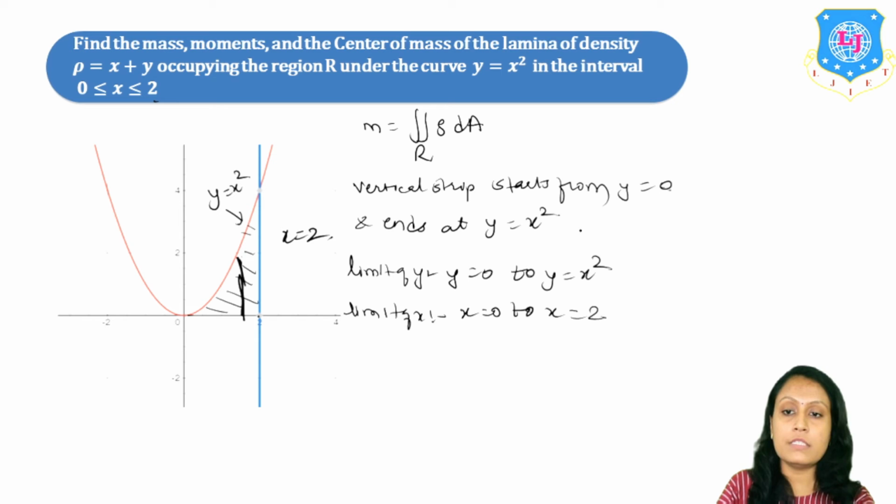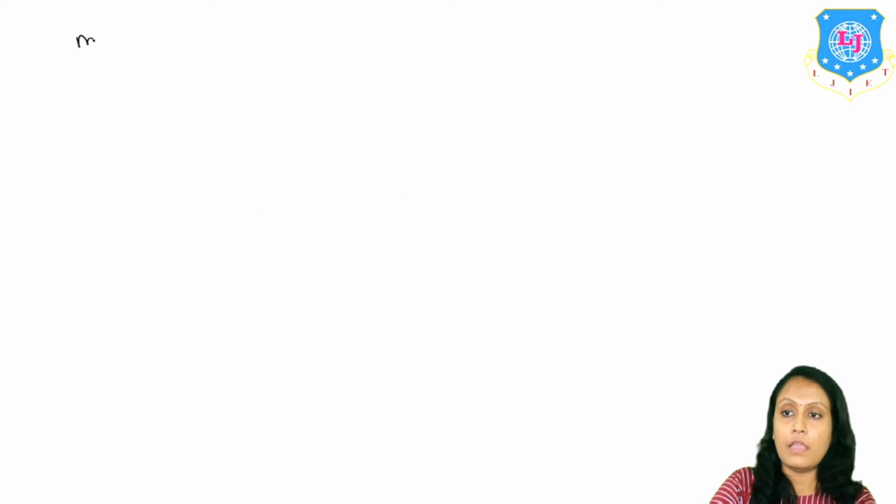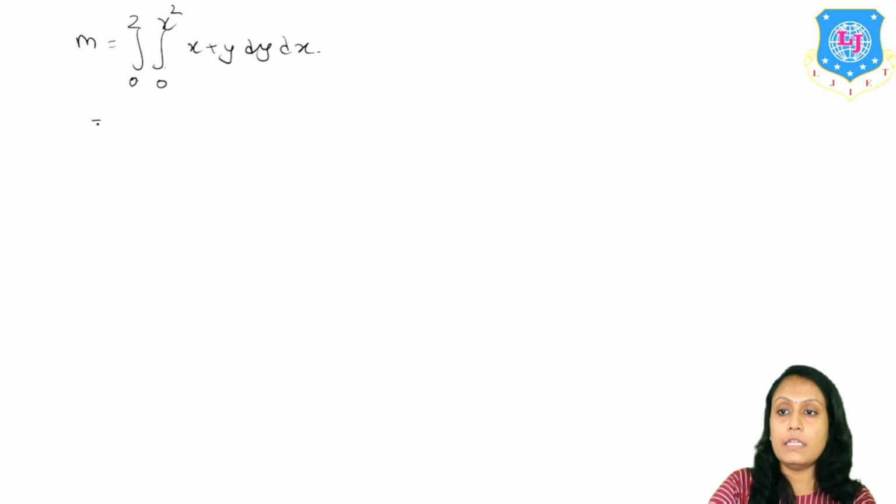Alright, so now let's substitute this. You will get m equal to double integration, here 0 to 2, here 0 to x squared, and rho is given, x plus y, dy dx. Integrate this, 0 to 2. With respect to y, this is xy plus y squared by 2, and the limits are 0 to x squared, dx. Now substitute the limit.